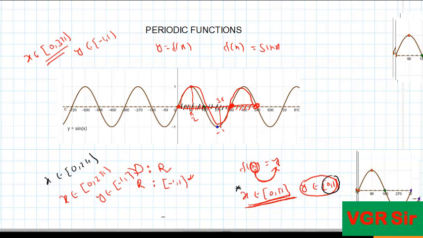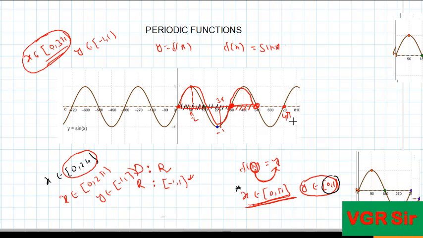This is also correct, but what is my intention? You need to choose the smallest possible positive interval. If you take 0 to 4 pi, for example, this is 0, pi, 2 pi, 3 pi, 4 pi.